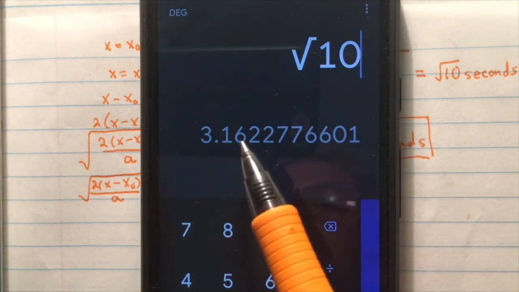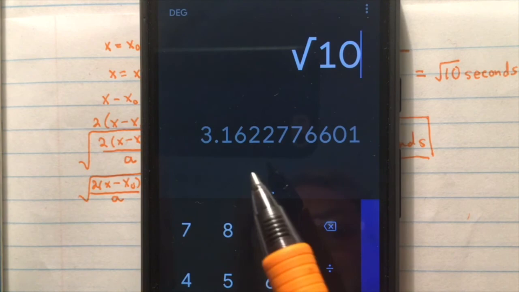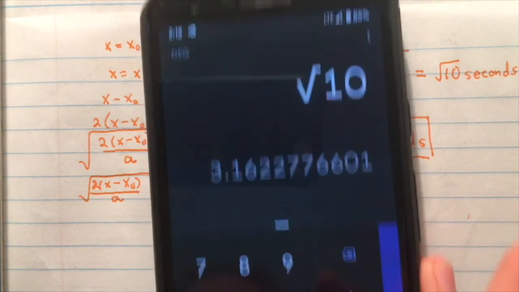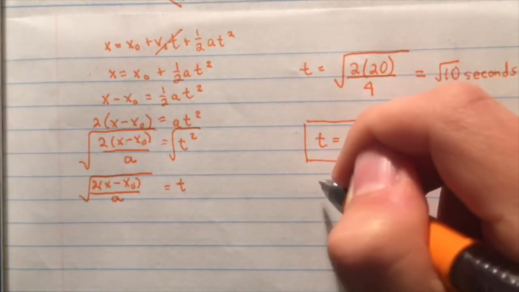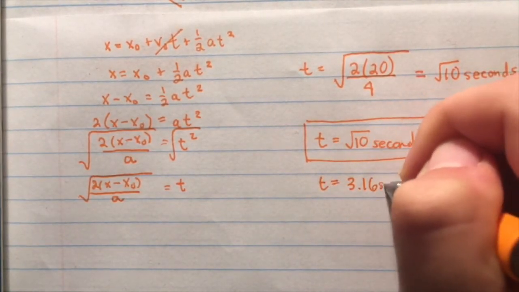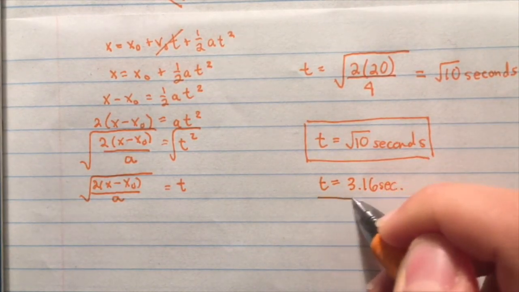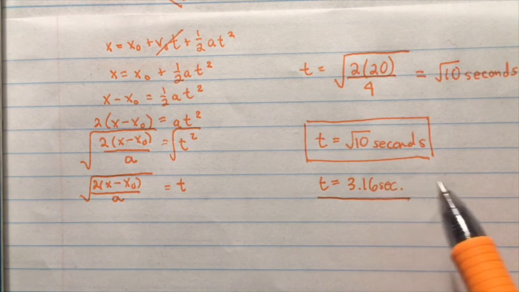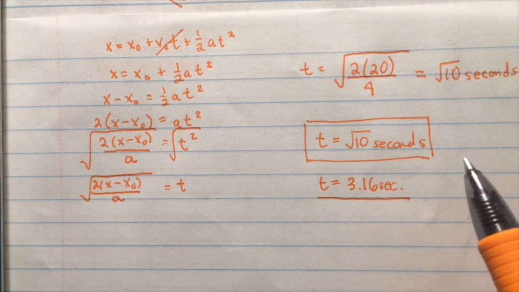You want to keep the number of decimal places to a minimum. So if I was to write this as a decimal for my answer, I would say that t equals 3.16 seconds, and that would be totally fine. Do not plug in 10 decimal places after the decimal point. You will get it wrong.